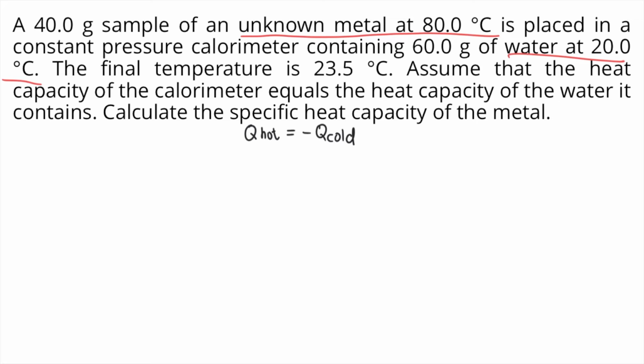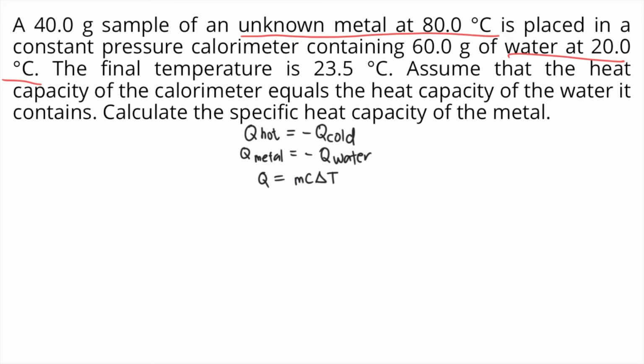So our equation would now be Q of the metal is equal to negative Q of water. Okay, so now we all know that Q is equal to mc delta T, right? So what we're going to do is expand our equation.